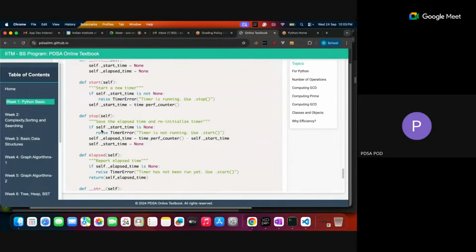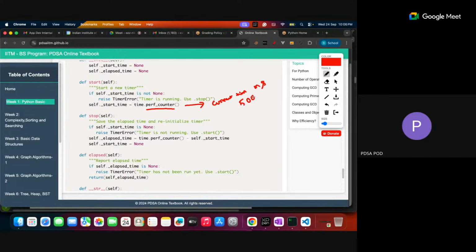This performance counter gives the current time in milliseconds or microseconds, I don't remember which. Assume it's 5001, a rough number. That is stored in start time, and the start time is recorded.